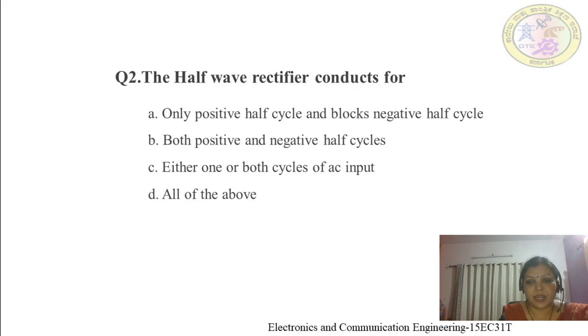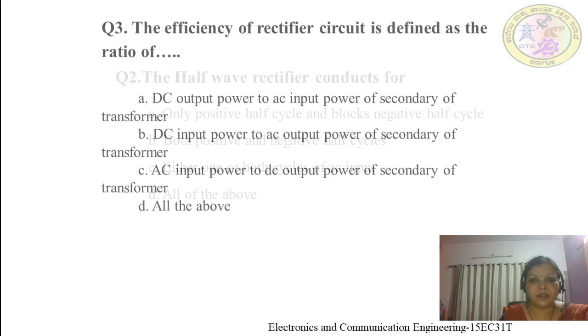Okay, the circuit we have just now discussed consists of only one diode. So with respect to the circuit diagram we discussed, it conducts for only the positive half cycle and blocks the other half cycle. Hence the answer is A.